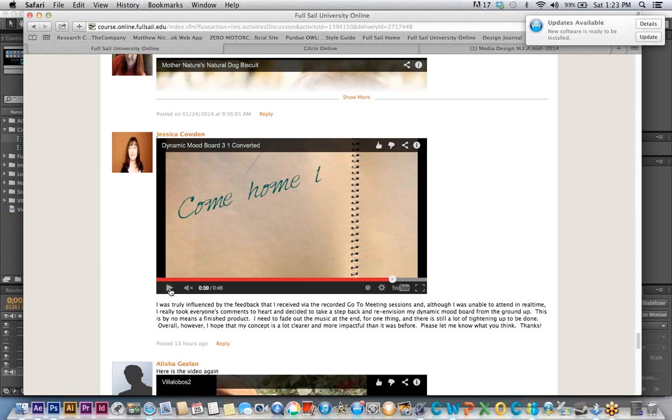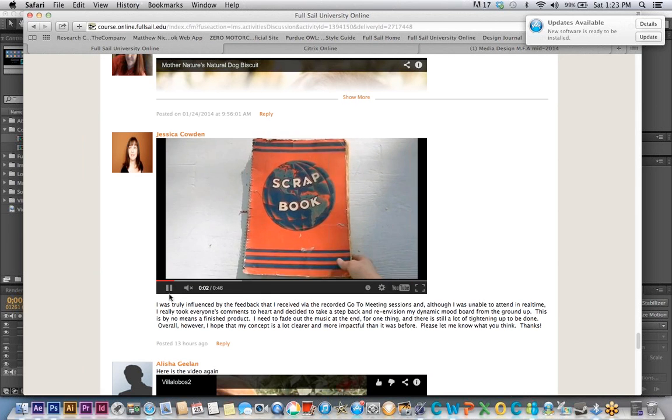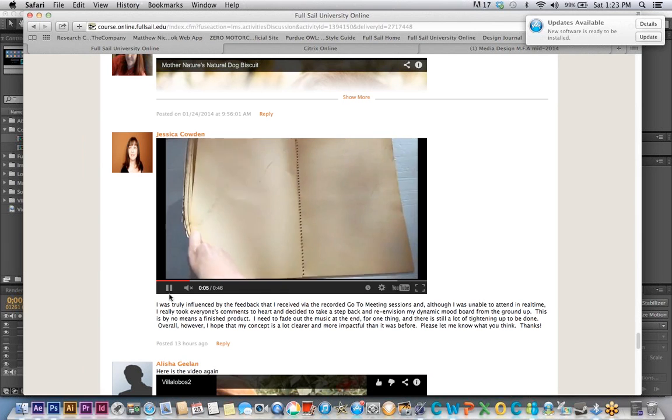I almost thought it might be overkill, because I do like that cursive handwriting feel, especially when it comes to a scrapbook.